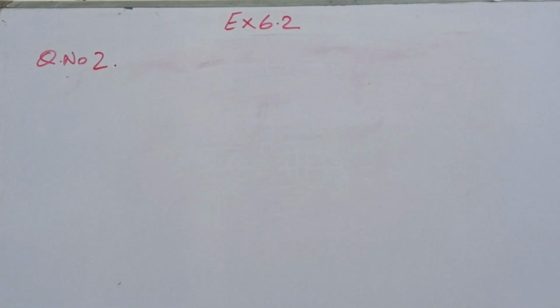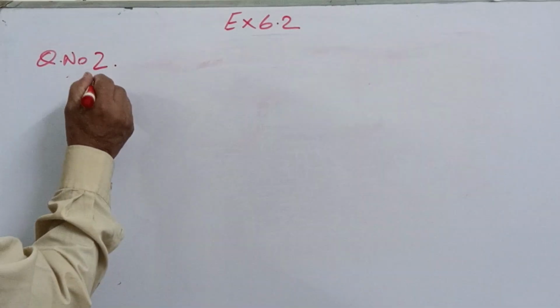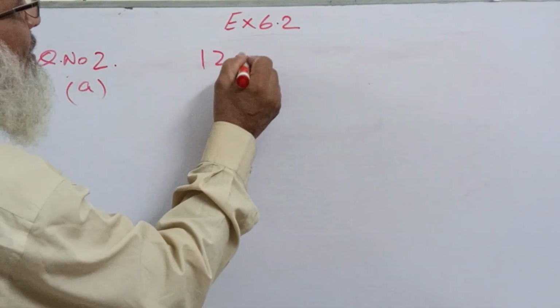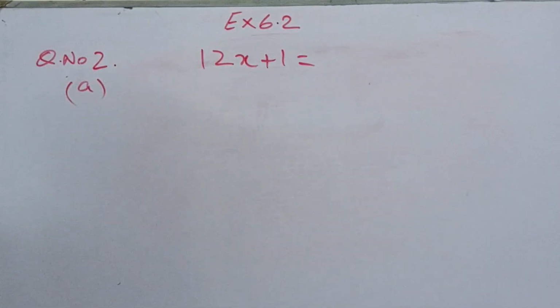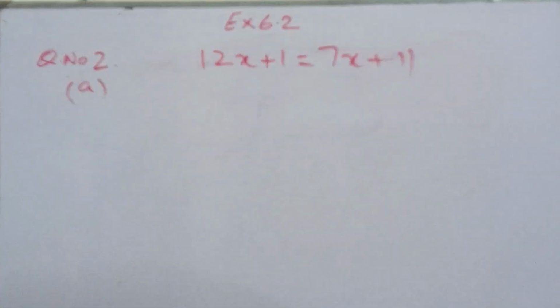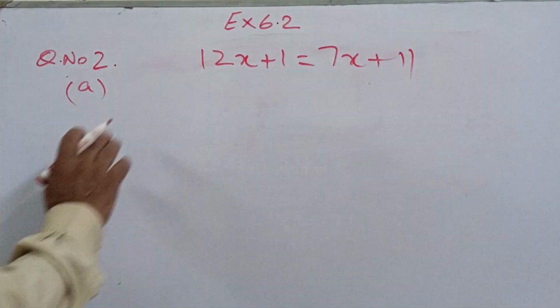Let me attempt question part A now, and that is 12x plus 1 is equal to, now you will find two variables on both sides, 7x plus 11. Okay, now this is your question.